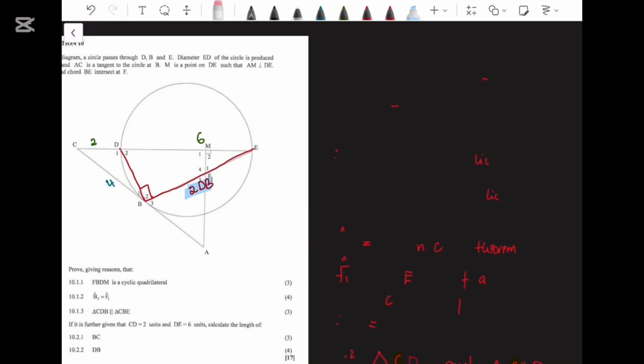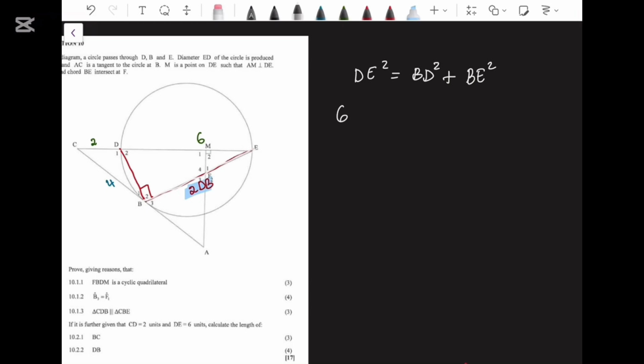To calculate BD that we are looking for, we can now say DE squared, the square of the hypotenuse, is equal to BD squared plus this side squared, so it is plus BE squared.